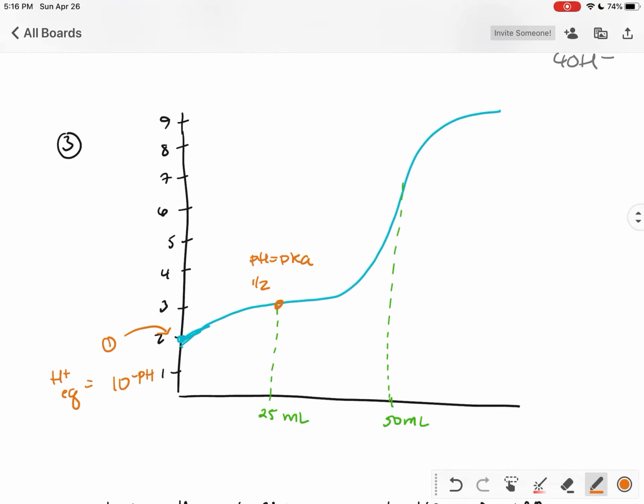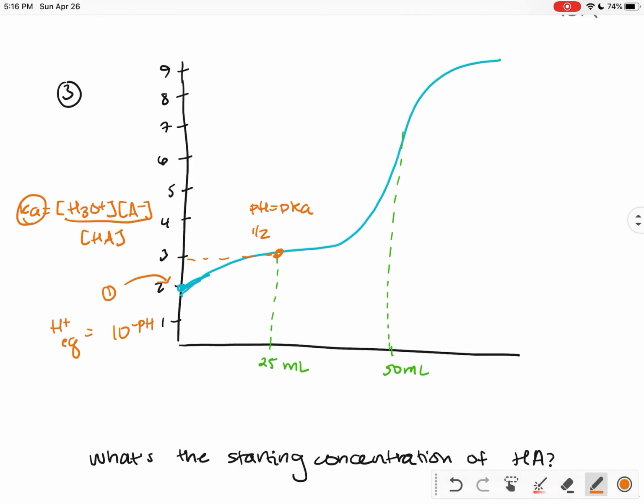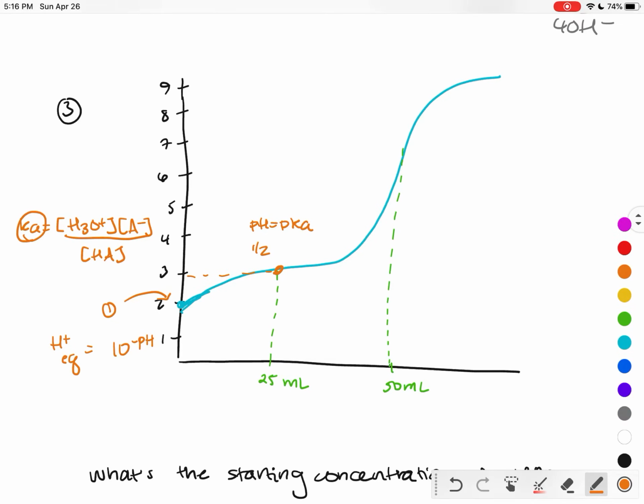I'm sure you all remember that in order to solve an acid equilibrium problem, we have to do Ka equals H3O+ times the conjugate base all over the weak acid. But the problem didn't give you this, so you need to solve for it. Here we'll see that the pKa is about 3, so that means Ka equals 10 to the negative 3.